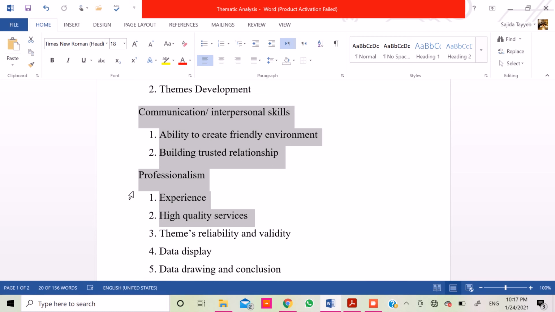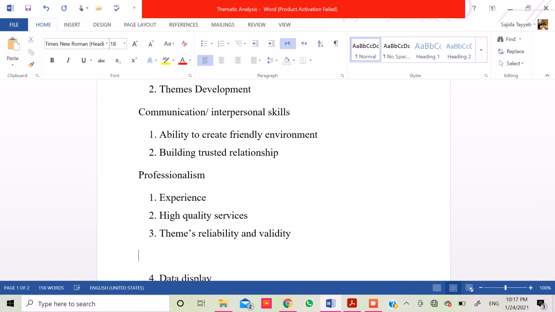Fine. Then we have the next step, that is themes reliability. Let me underline it so that you can differentiate it. So themes reliability and validity. I did tell you that even within qualitative research, we do have reliability and validity, but the huge difference is that we do not run any kind of statistical measures, because the data is in the form of narrative or words, so we cannot run any statistical models here.